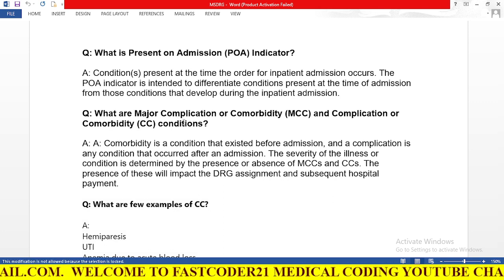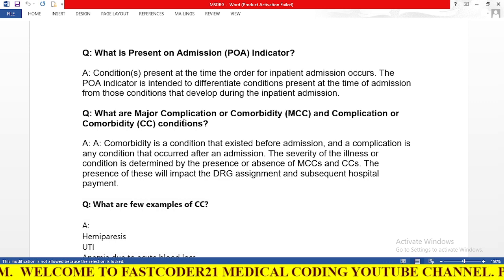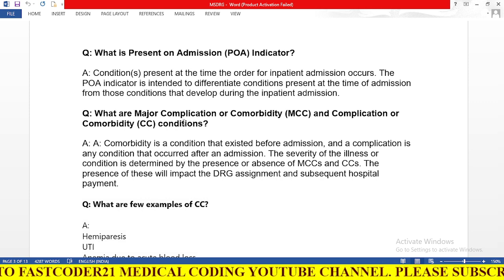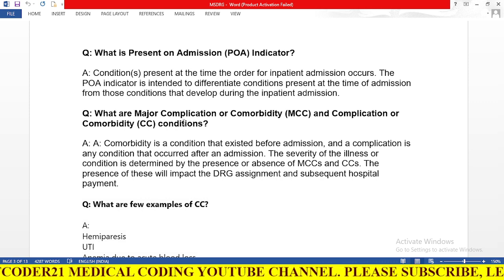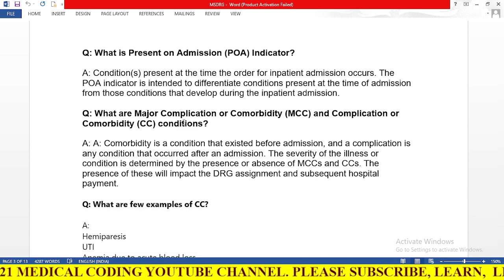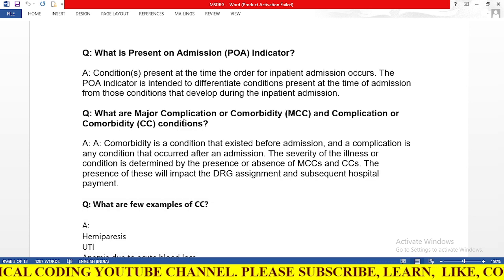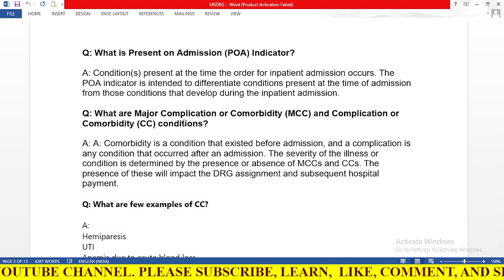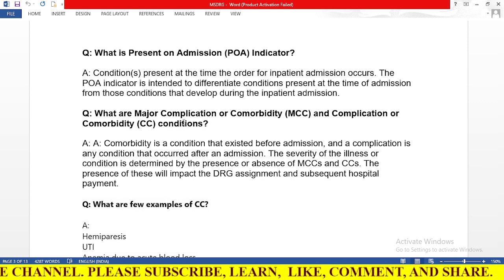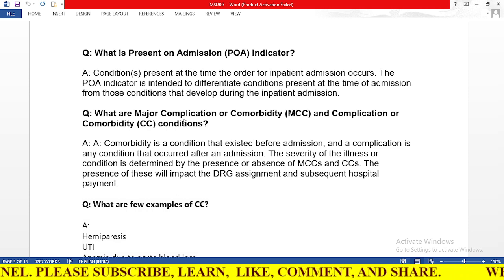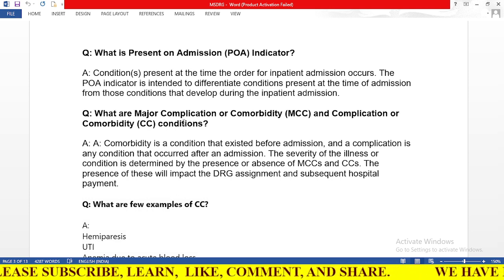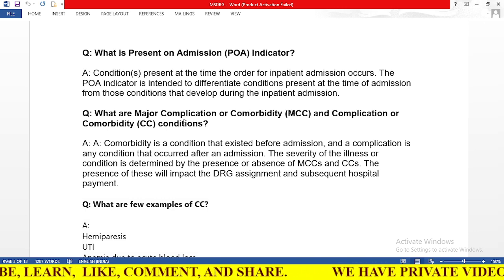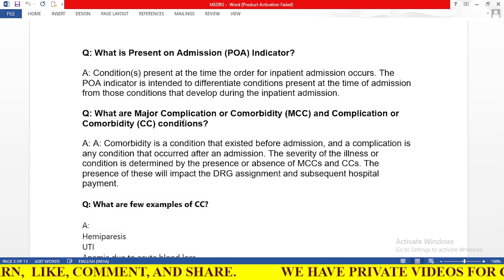Next we will learn what are major complication or comorbidity, MCC, and complication or comorbidity, CC, conditions. A comorbidity is a condition that existed before admission and a complication is any condition that occurred after admission. So basically comorbidity is before admission, complication is after the admission. The severity of the illness or condition is determined by the presence or absence of MCCs and CCs.